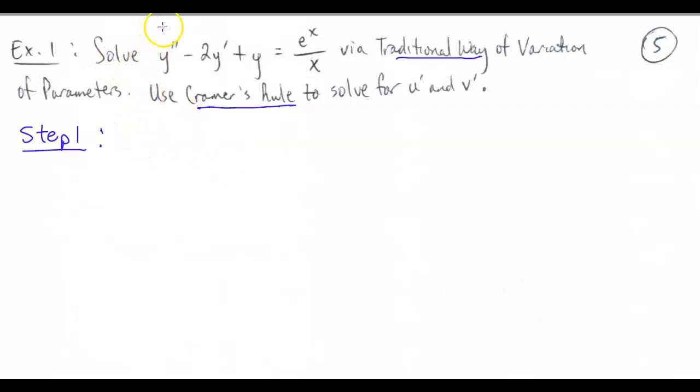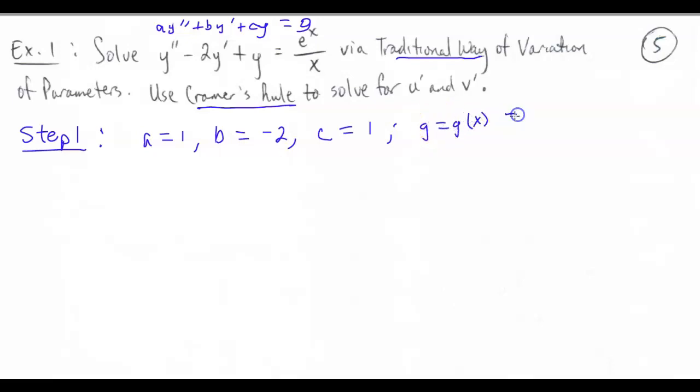So, of course, this equation here is modeling a times y double prime plus b y prime plus c y equals g. And so here this lets me know that my a is 1, my b is negative 2, my c is 1, and my function g, which is going to be a function of x, is just going to be e raised to the x over x, or you could rewrite it this way if you want.